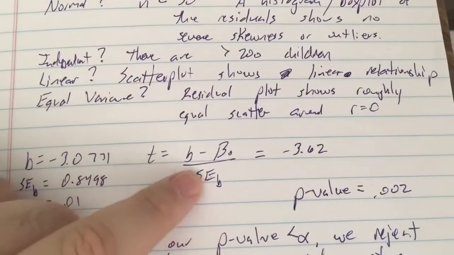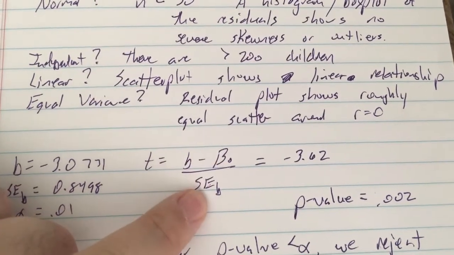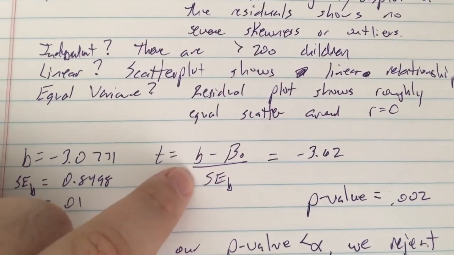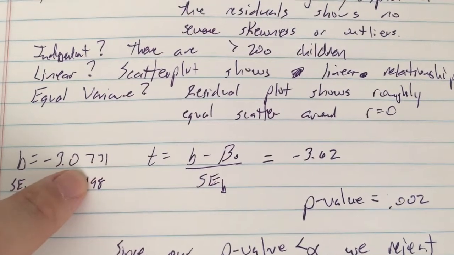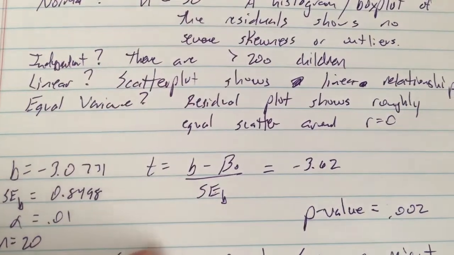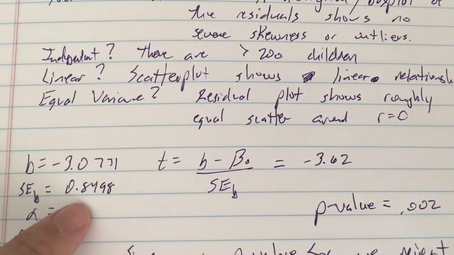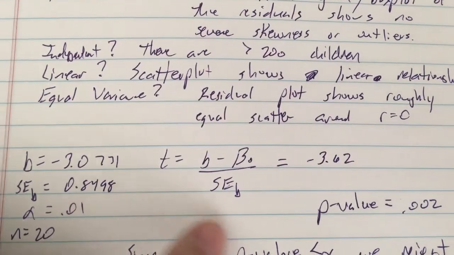The t-score is simply b minus beta over the standard error. b came from the Minitab output, negative 3.0771. Beta is obviously 0. The standard error came from the output, 0.8498.